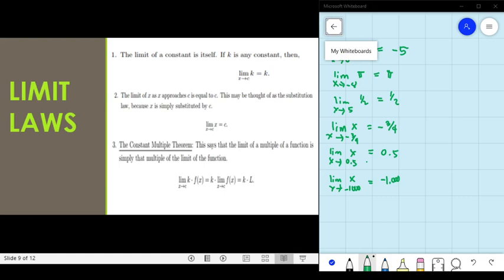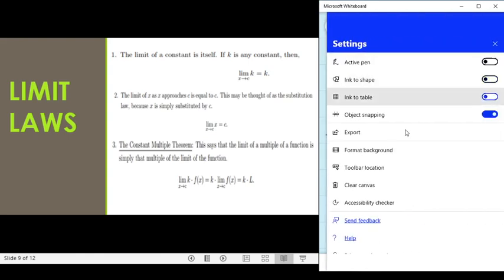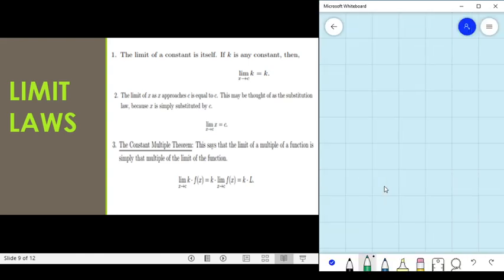Next is we have the constant multiple theorem. This says that the limit of a multiple of a function is simply that multiple of the limit of the function. So, the limit of k times f of x is equal to k times the limit of f of x as x approaches c, which is similar to k times the limit.